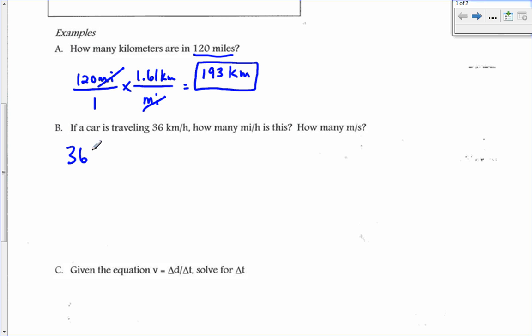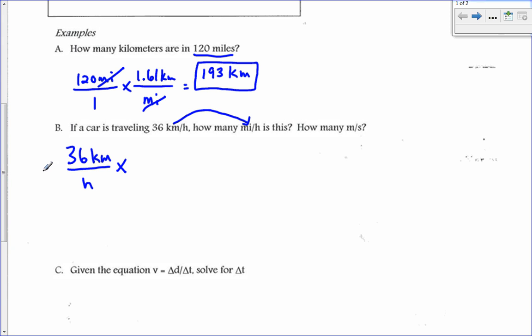So 36 kilometers per hour. Then we're multiplying fractions, and the conversion that we want to make here is kilometers to miles. Hours down here in the denominator does not change, so we don't have to convert it.